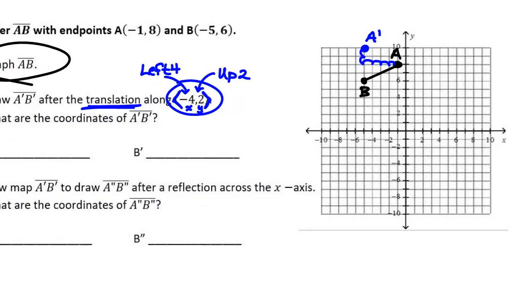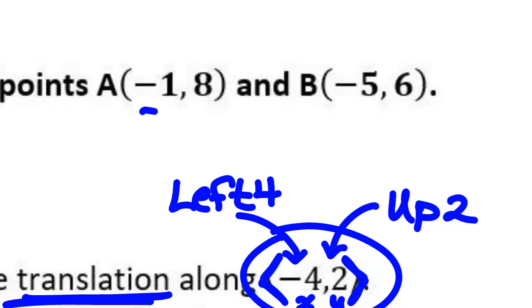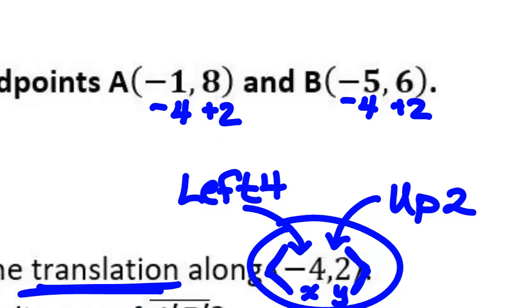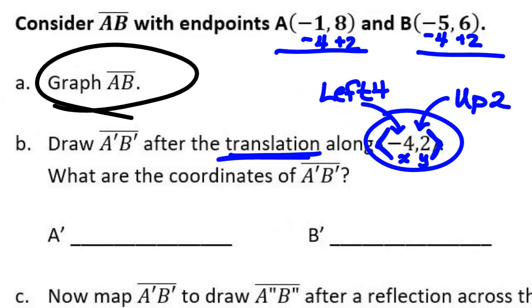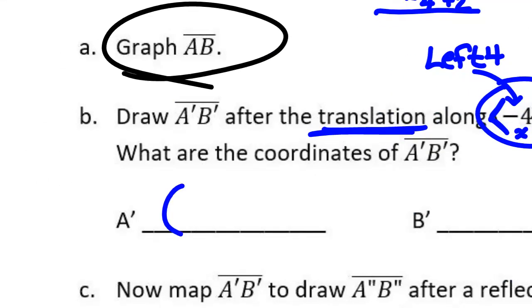Or you can come to the ordered pairs. To go left 4, you would -4 from the X's. To go up 2, you're going to plus 2 to the y's. And I can use that to get my a prime and b prime. What is negative 1 minus 4?